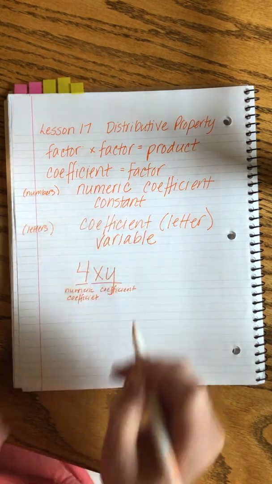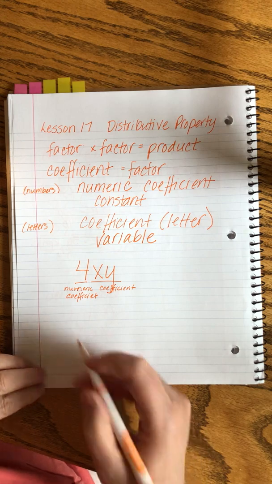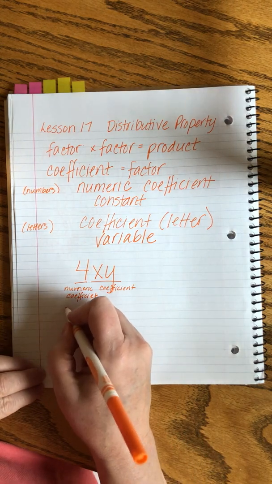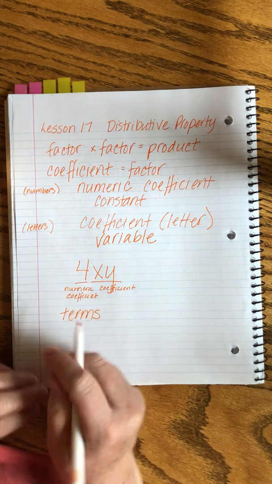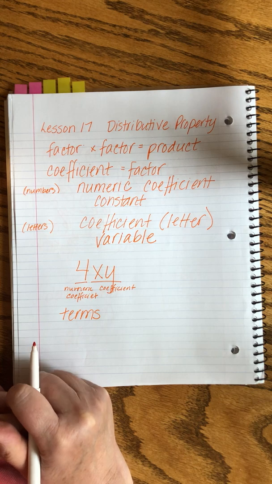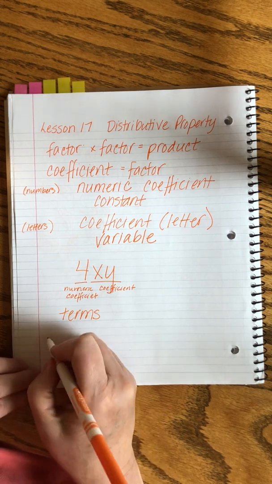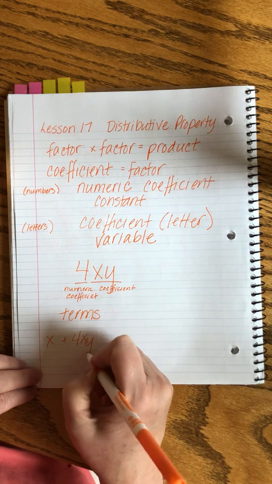Make sense? Okay, now let's take on the concept of terms. That's another one I toss around all the time, but I never really take the time to explain it. The reason why is because terms can be so confusing, but it's such a simple idea. Let me just write this down.